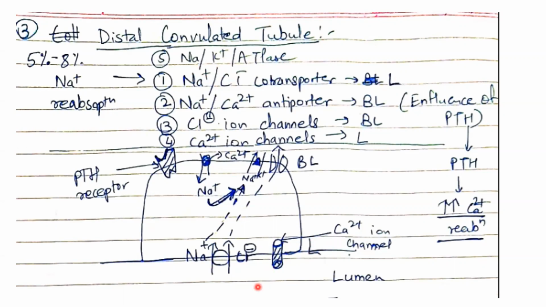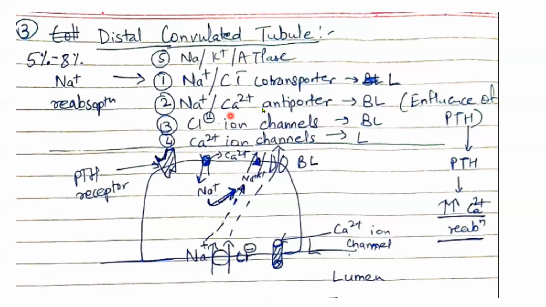This is the renal lumen, and this is a cell. So this is the basolateral portion and this is the luminal portion. Here you have sodium and chloride moving in the same direction at the luminal membrane, from the lumen into the cell. So this is reabsorption of sodium and chloride at the same time.